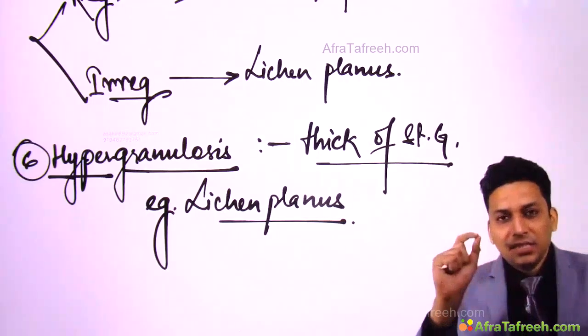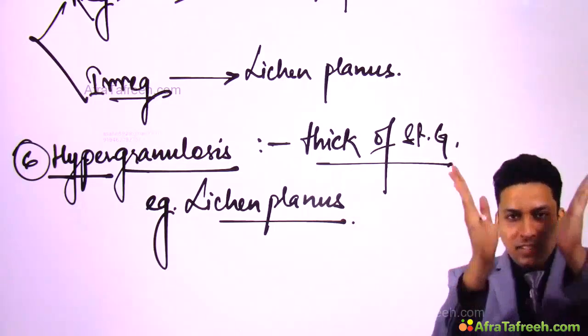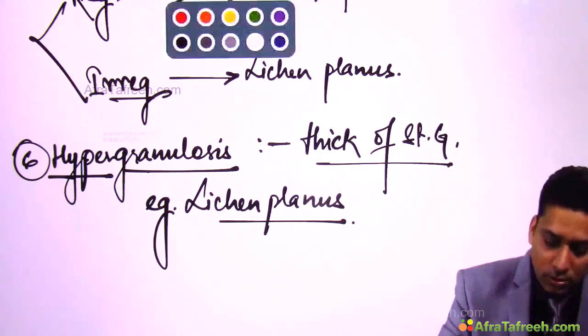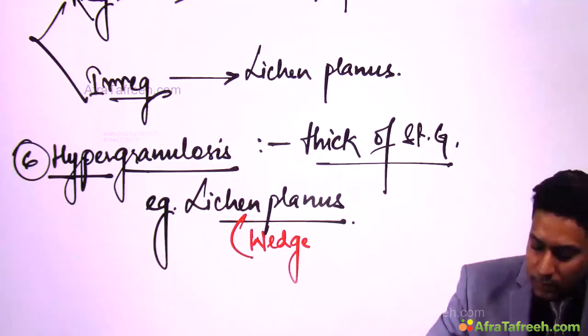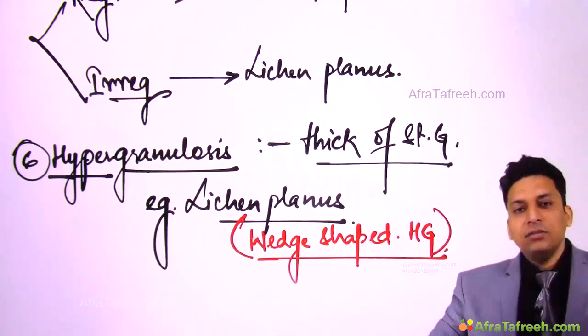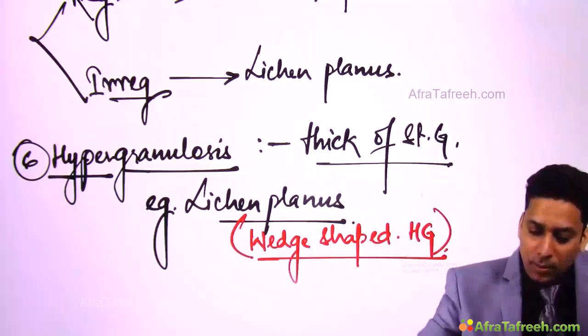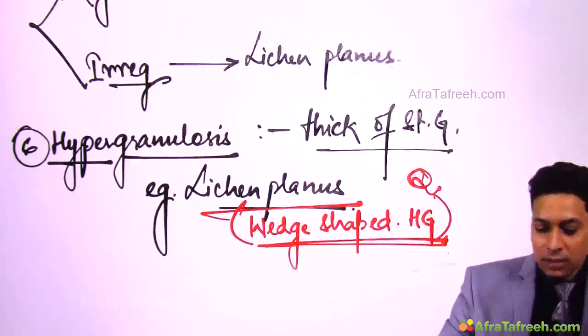Now in lichen planus, this thickening of stratum granulosum has a characteristic shape. It appears like a wedge. So this is wedge shaped hypergranulosis. Remember this, important. Wedge shaped hypergranulosis is seen in lichen planus.